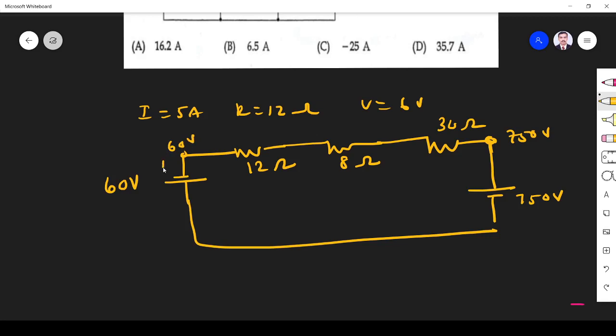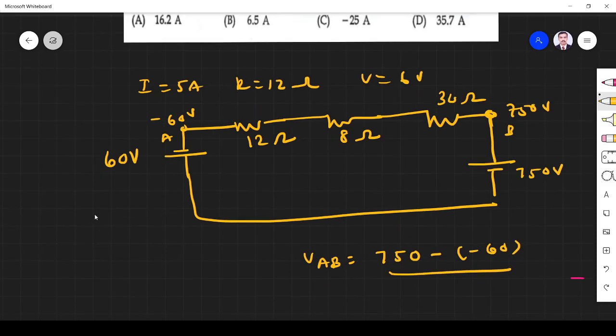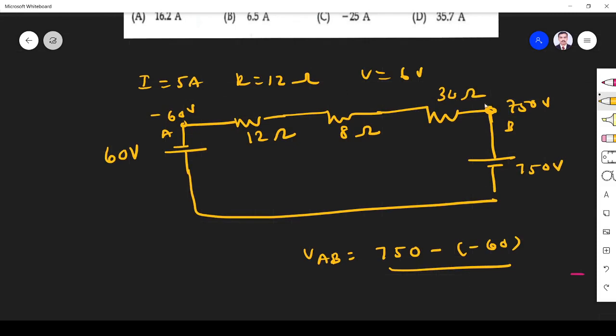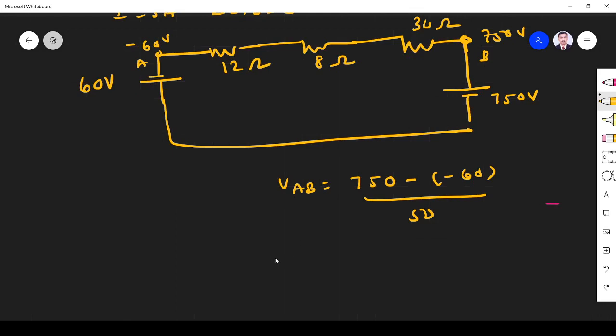Let us assume this is node A, this is node B. So what is the voltage across VAB? The difference between VB minus VA, this is minus 60, so minus of minus 60, divided by R. R is 12 plus 8, that 28, sorry, 20, 20 plus 30, 50 ohm. So VAB is equal to 810 by 50, 16.2 volt.